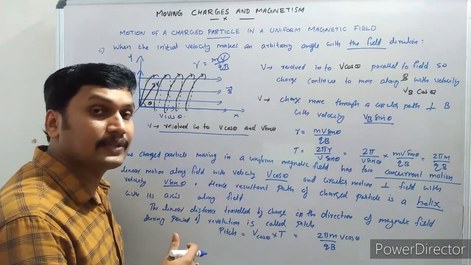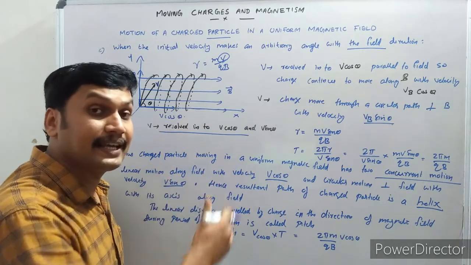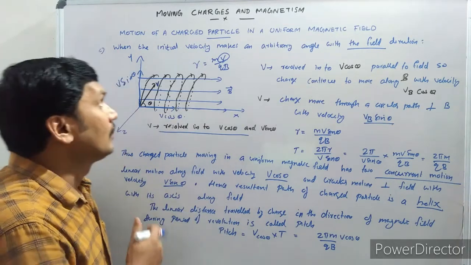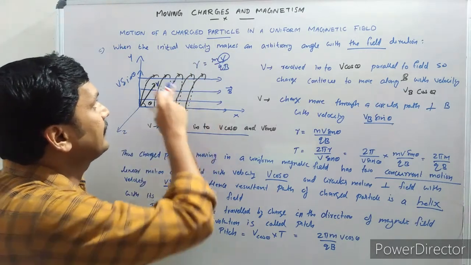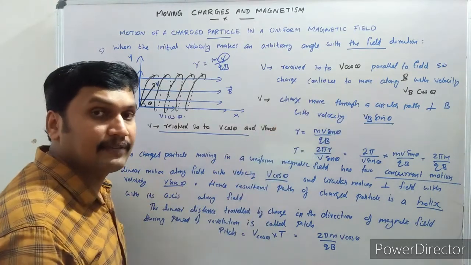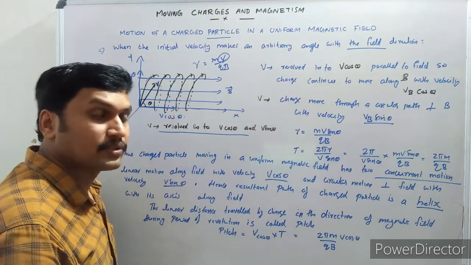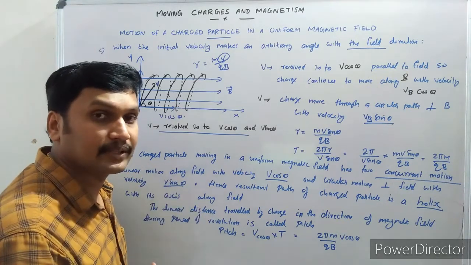So when a charged particle enters a magnetic field with some initial velocity, which makes some angle with the direction of the magnetic field, it will move along a helical path.